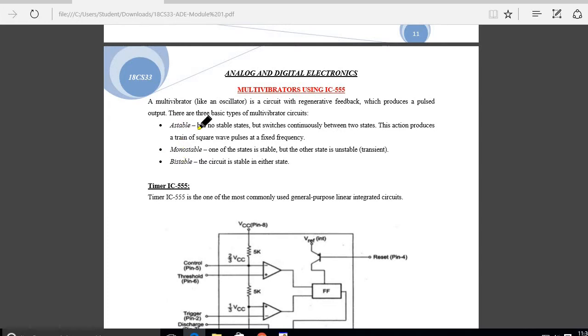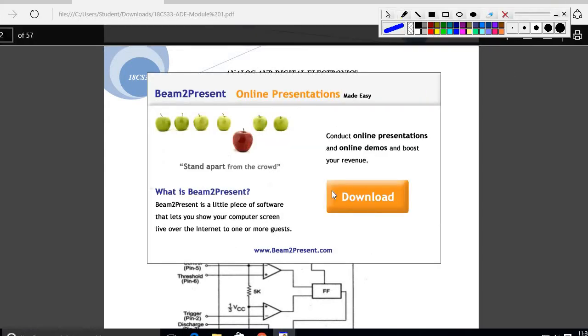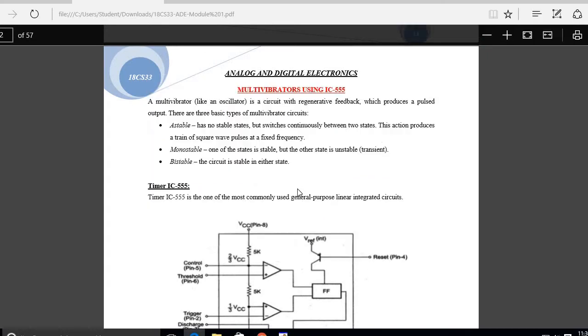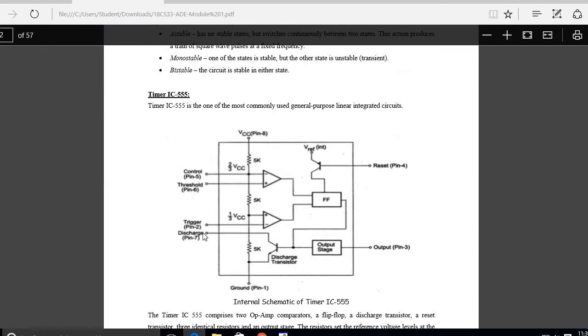The first, astable, has no stable states. See here, this is the circuit.